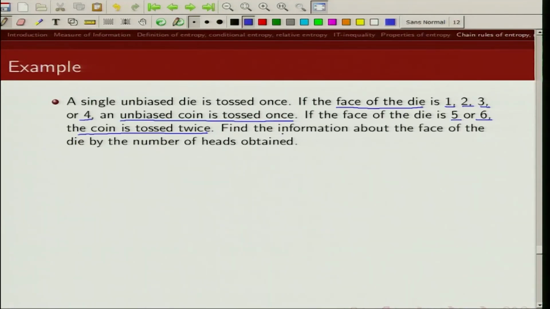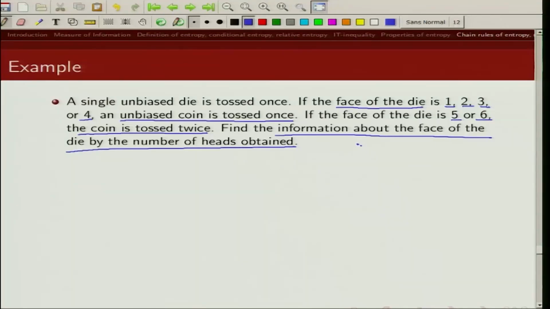Now I want to find out what is the information about the face of the dice that is conveyed by the number of heads obtained. So again, I am first rolling a dice, and depending on what the number is, I am tossing a coin.